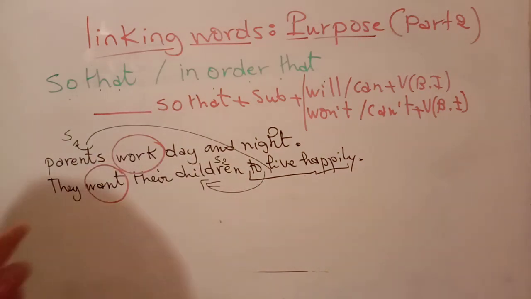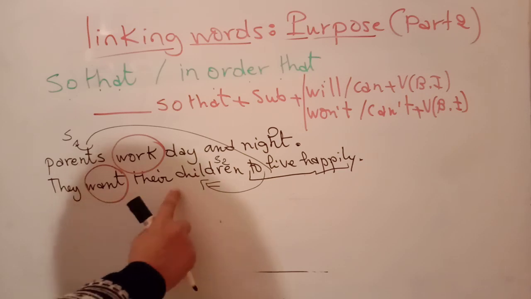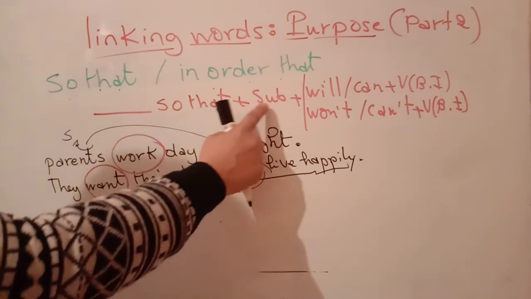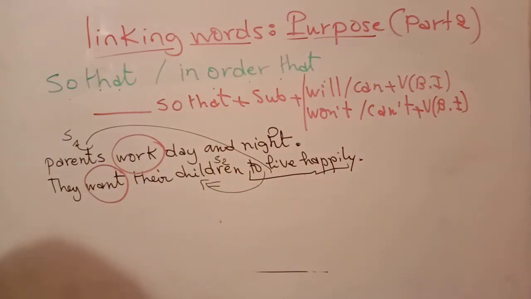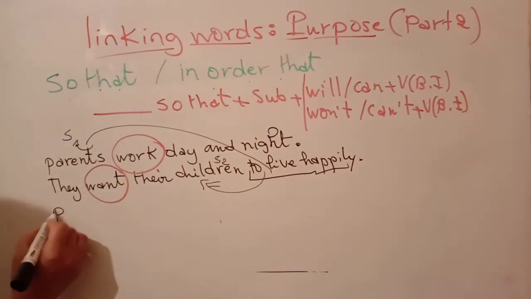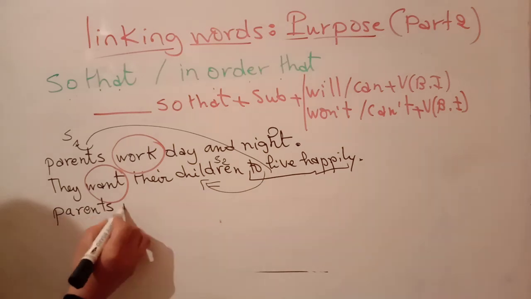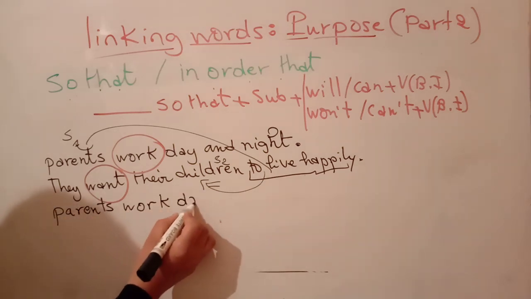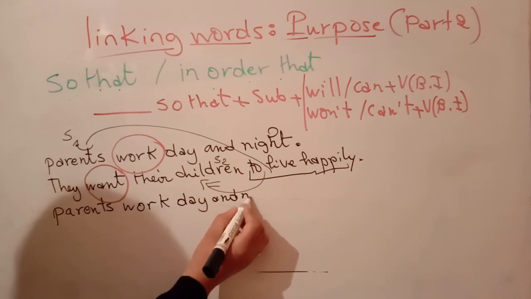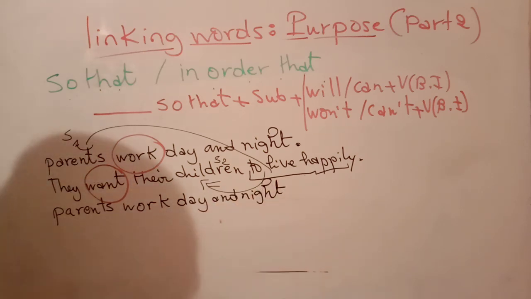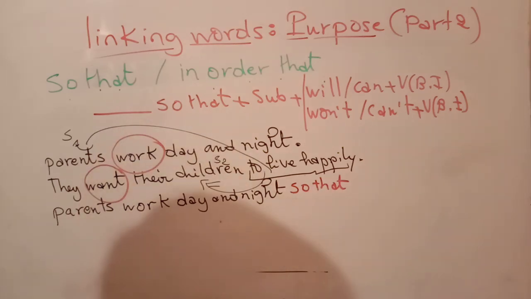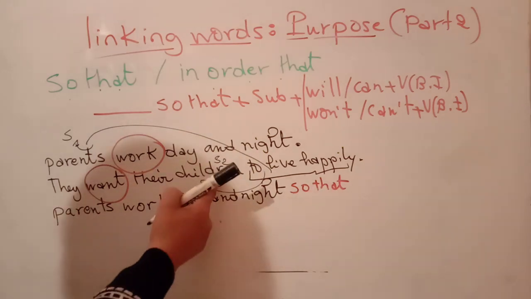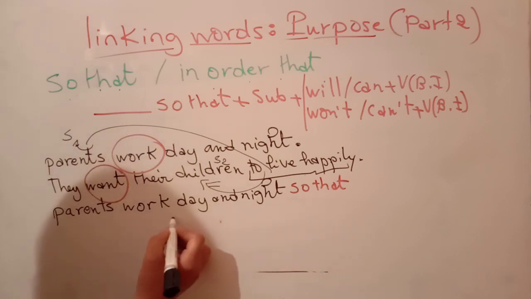So we are going to apply this form because we have a positive sentence: so that plus subject plus will or can plus verb bare infinitive. So let's do it together. Parents work day and night. We're going to link either with so that or in order that. So that, plus subject number 2, their children.